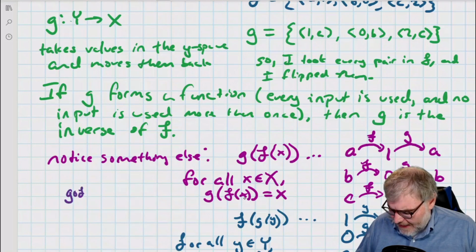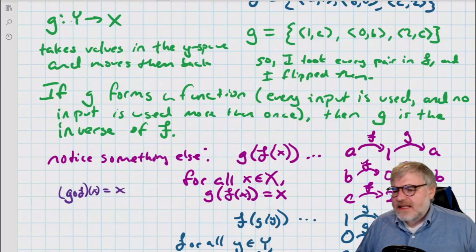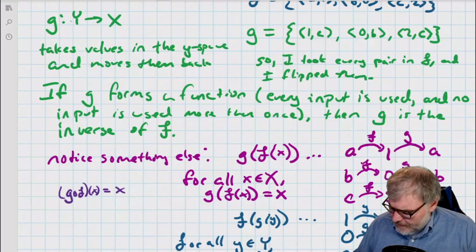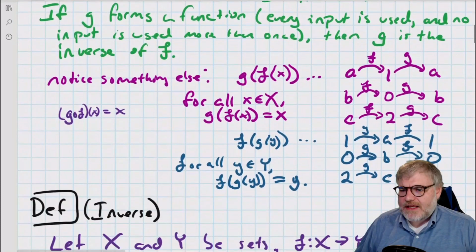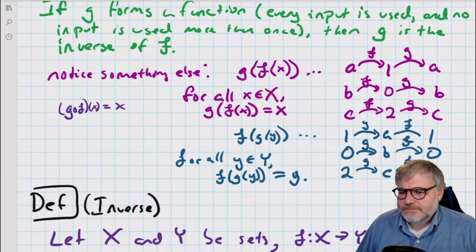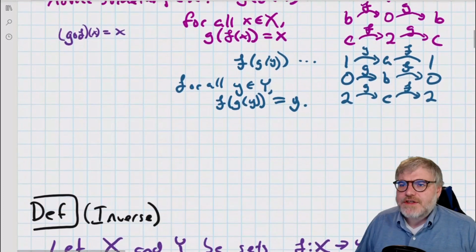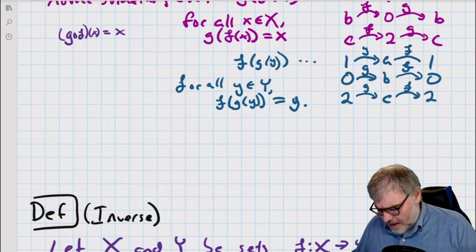If I do f first and then g, the composition equals x. And this function right here, we call the identity function on x.